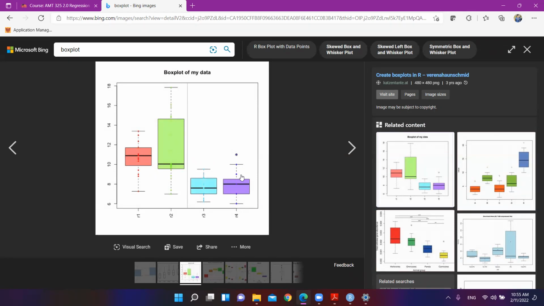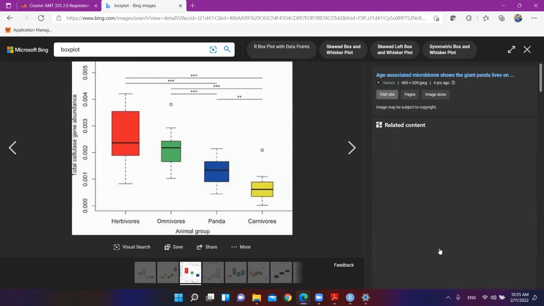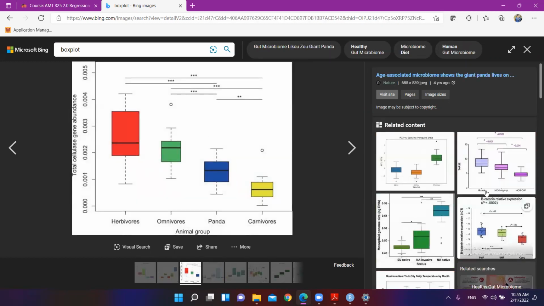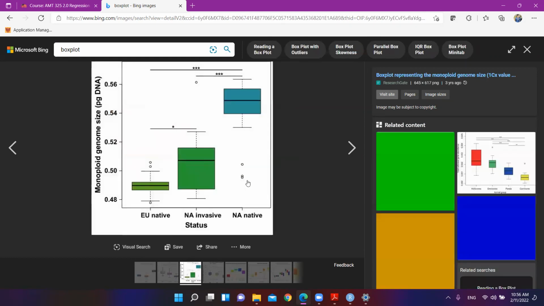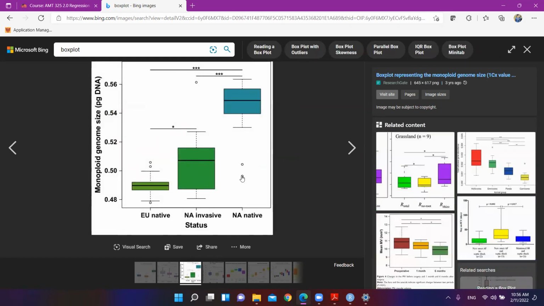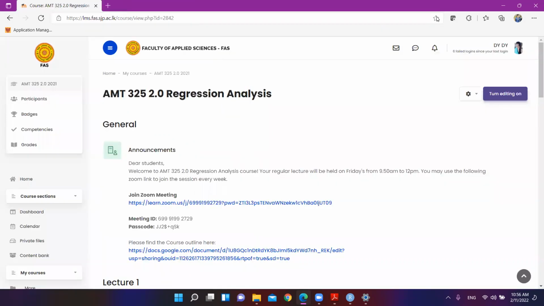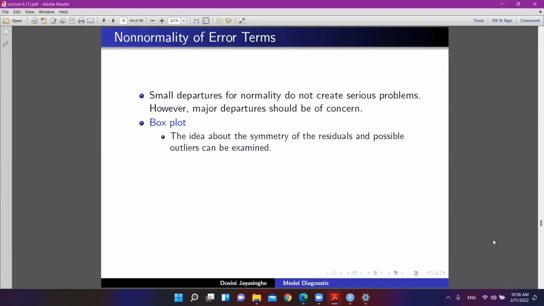In some software, outliers are given by a star. There can be more than one outlier. In this box plot, we have 3 outliers, right? So that is the box plot.